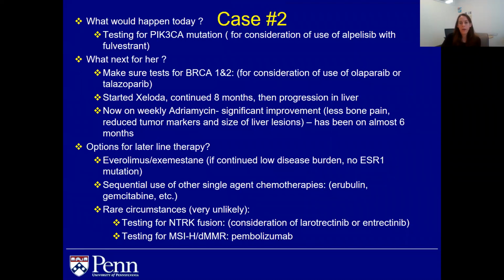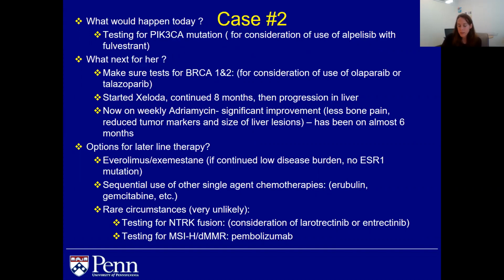But nowadays, we also have consideration of use of alpelisib with fulvestrant. So she would have gotten testing on her tumor for something called a PIK3CA mutation. And if she had had that mutation in the tumor, then alpelisib would have been used with the fulvestrant and hopefully helped get a little more mileage out of the fulvestrant. Because she was diagnosed and treated before alpelisib came to market, she did not get that, but that would be important to consider today.